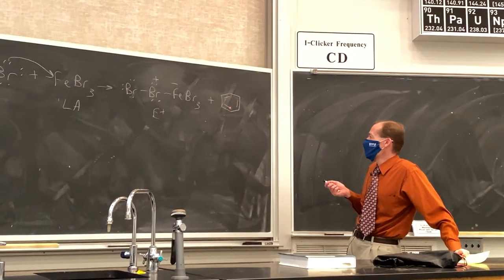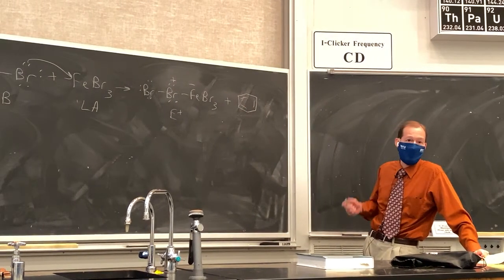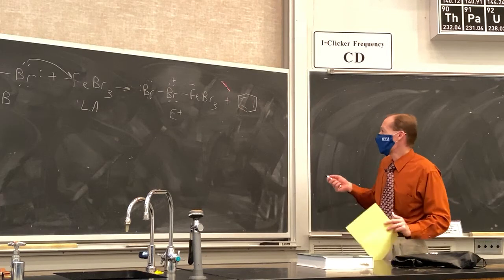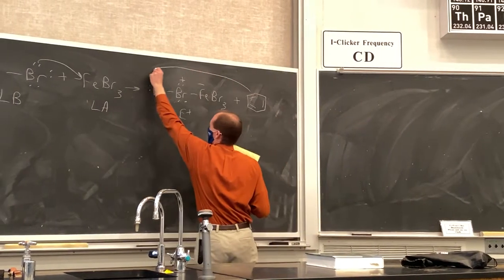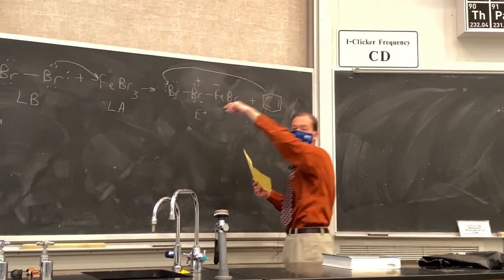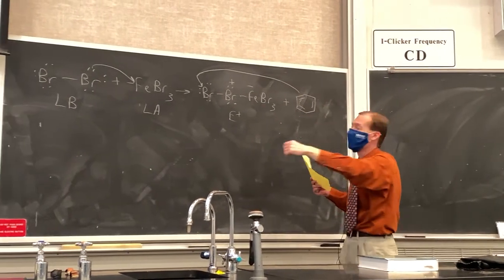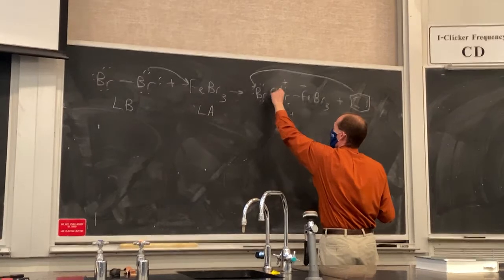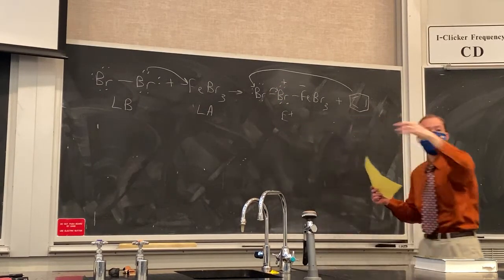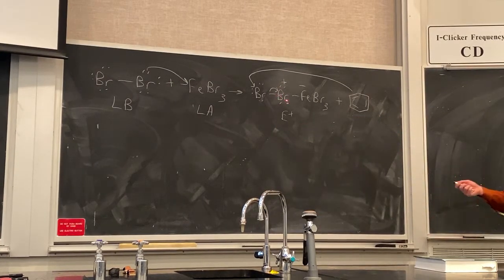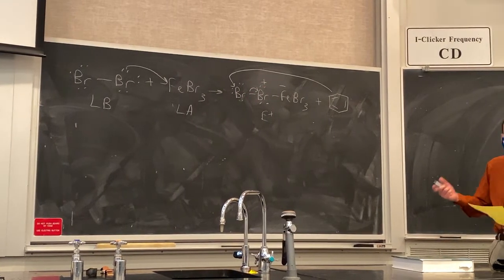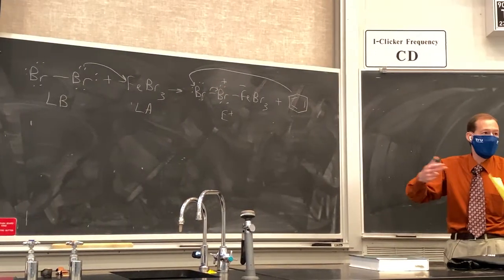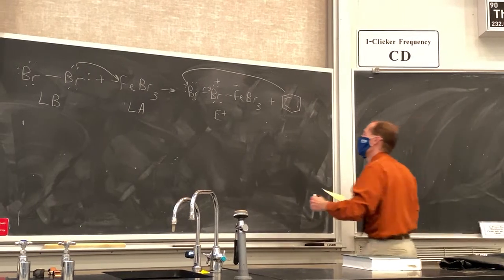But our benzene ring is not going to attack our positively charged bromine. It's actually going to attack the other bromine. And I'll show you why. If the pi electrons attack the bromine on the end, we can cleave the weak bromine-bromine bond. And by converting this pair of electrons from a bond pair to a lone pair, we're going to get rid of that formal positive charge on the bromine.